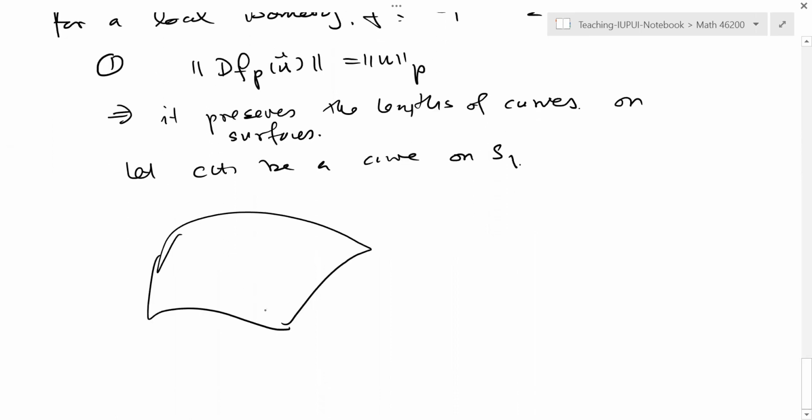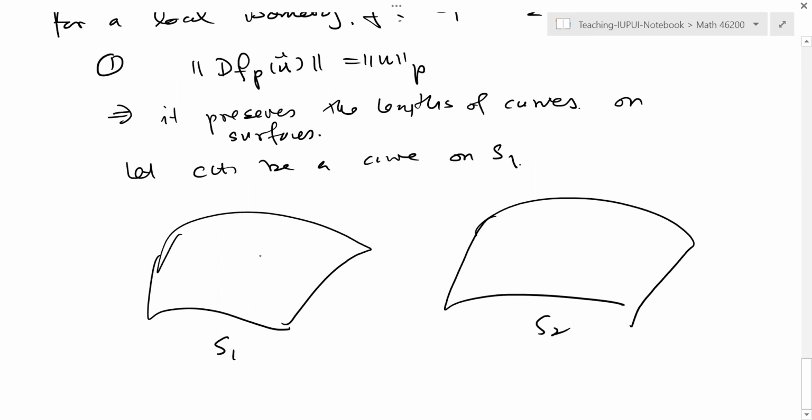That's S1, that's S2. Take a curve C of t here, and then you get an image, which is also a curve on S2. Although they look different, they have the same length. That's what I want to say. Let's see why.